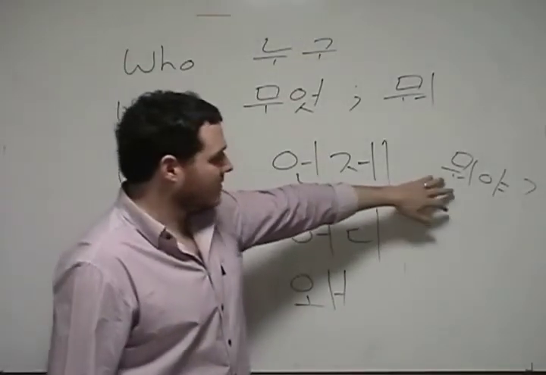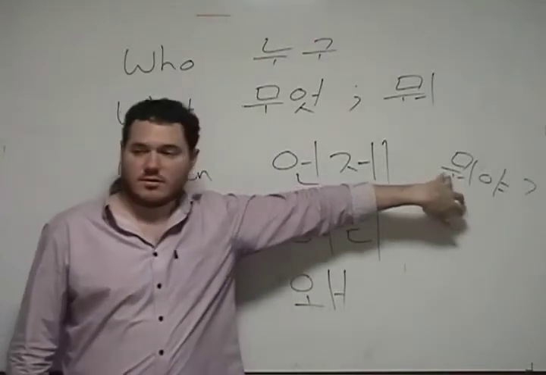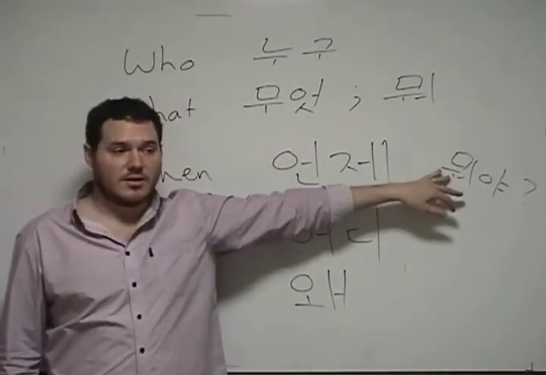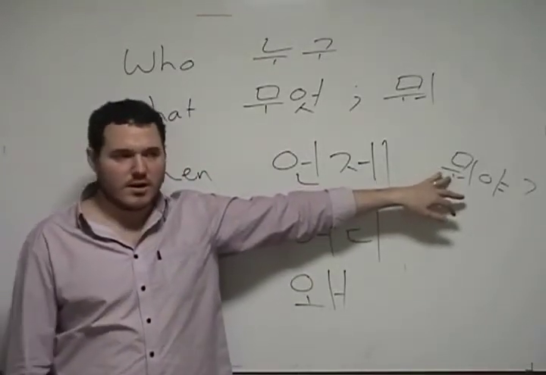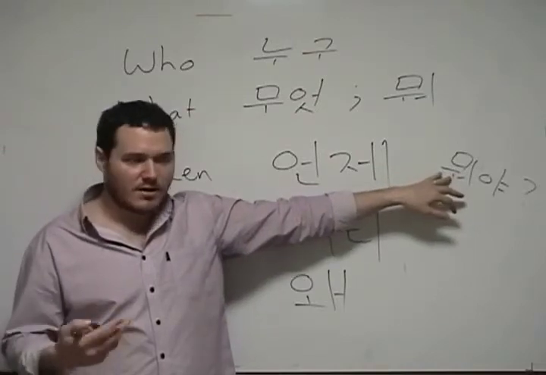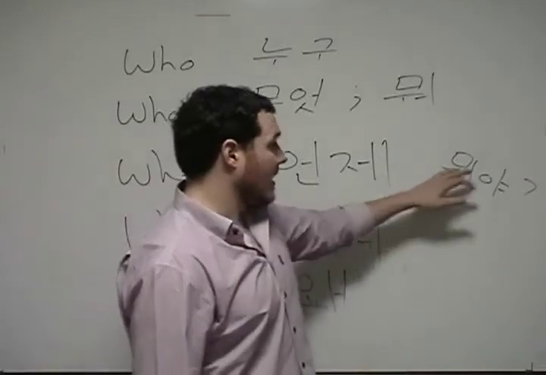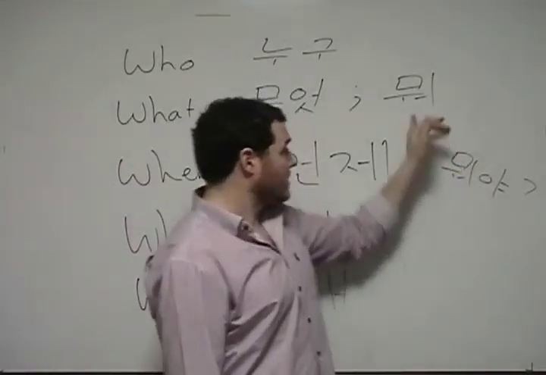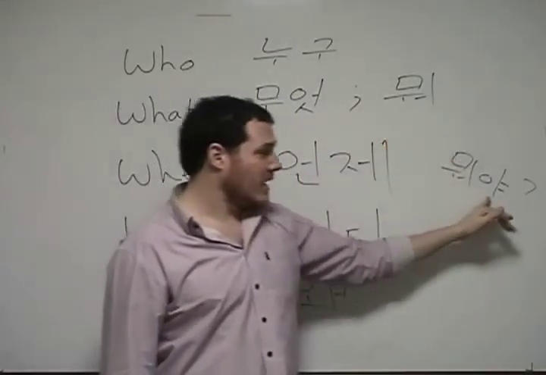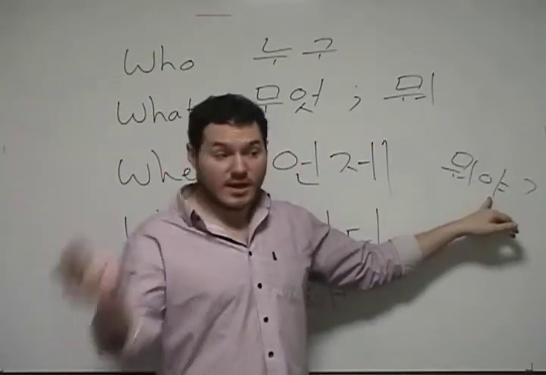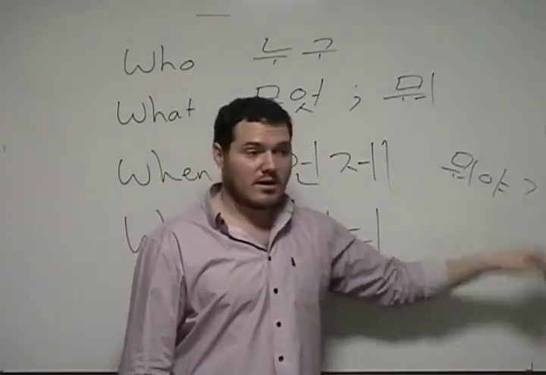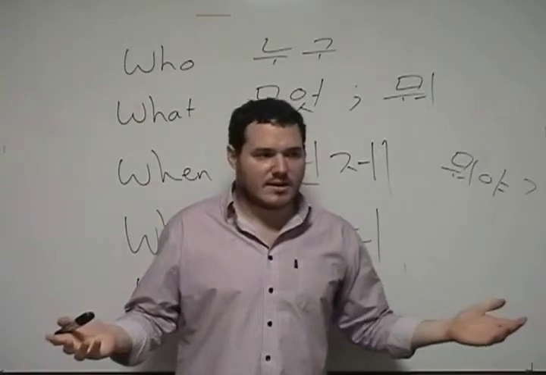Pete had a question. Moya, you hear kids ask, moya, moya. But a lot of times it sounds like a B, boya, boya, okay? If you haven't heard it, don't worry about it. If you have, it is an M, okay? They're saying mo is that what, and then ya is the verb to be, which we'll get into next class. So moya is just what is it, what's that?